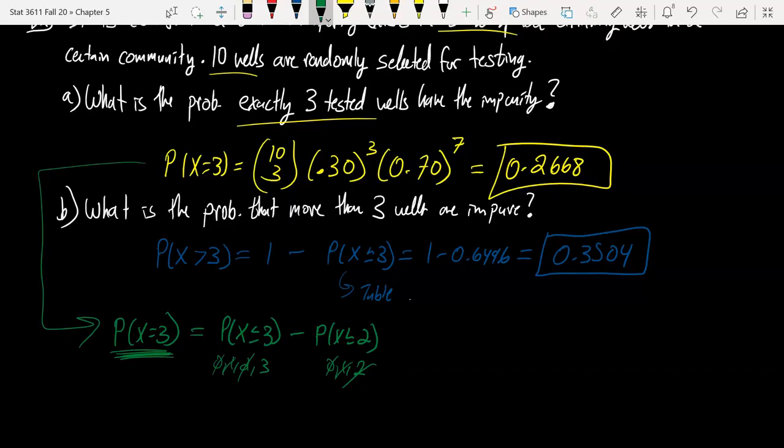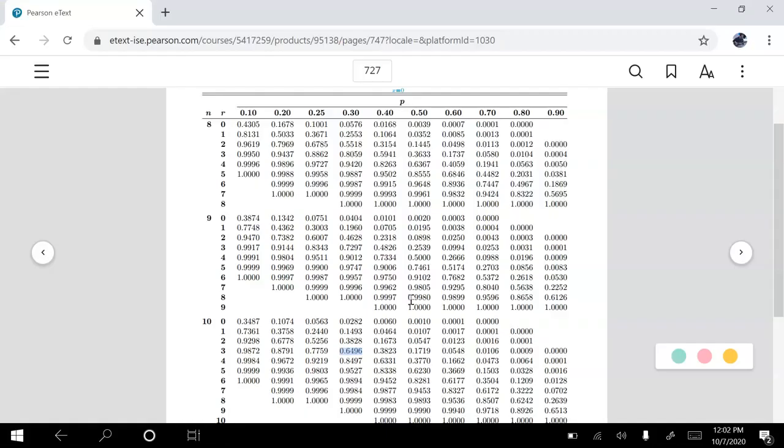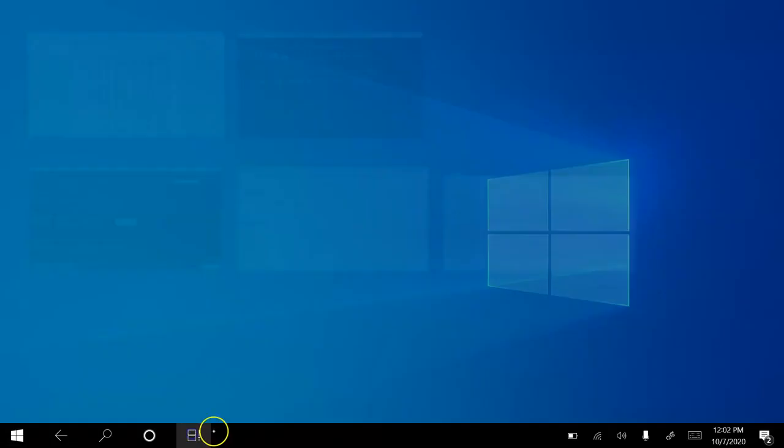We know that the probability that x is less than or equal to 3 is 0.6496. And we could go ahead and look up in the table the probability that x is less than or equal to 2. So that would be the same table, just r is equal to 2, the next entry above it. n is 10, now we have 2 successes, 0.3828.